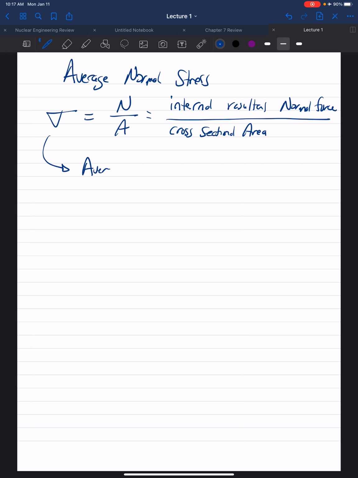This is the average normal stress at any point on the cross-sectional area.